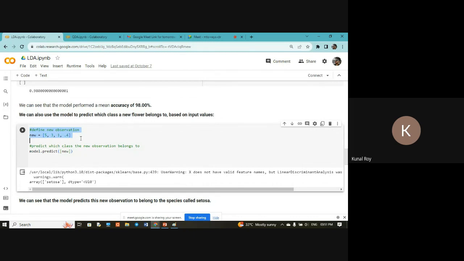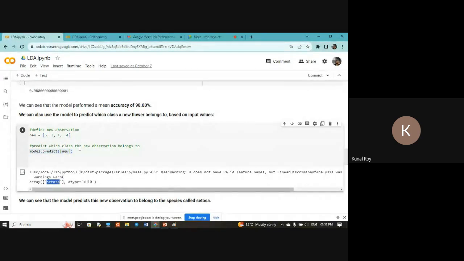I have just taken a new flower, and observed that the sepal length is 5, sepal width is 3, petal length is 1, and petal width is say 0.4. I try to predict the flower, and it gives me the answer that it is a setosa flower.